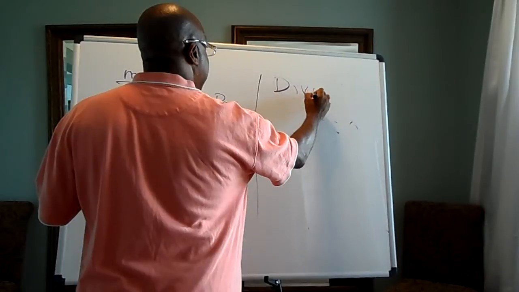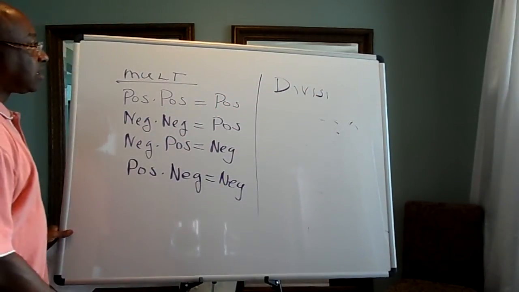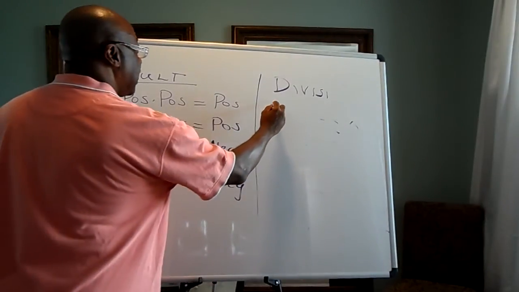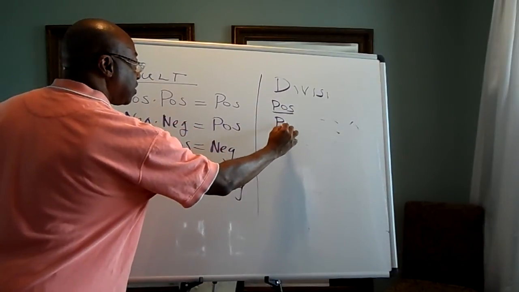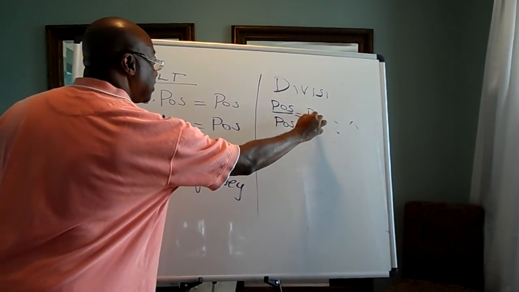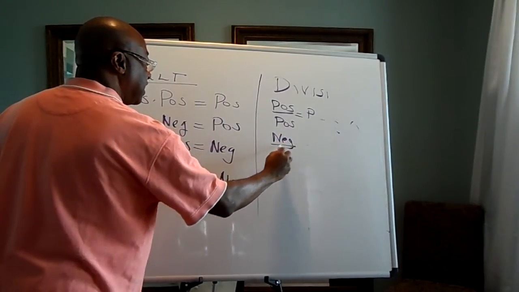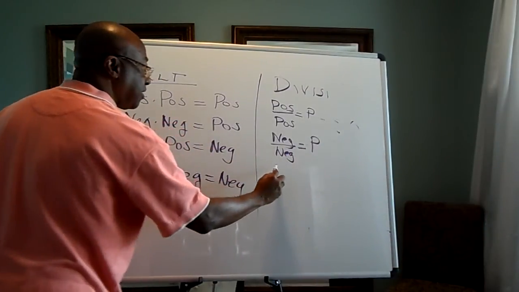Okay? And let me lay out the division rules. Well, division is the same as multiplication. A positive divided by a what? Positive is going to give you a positive number. A negative divided by a negative is going to give you a positive number.